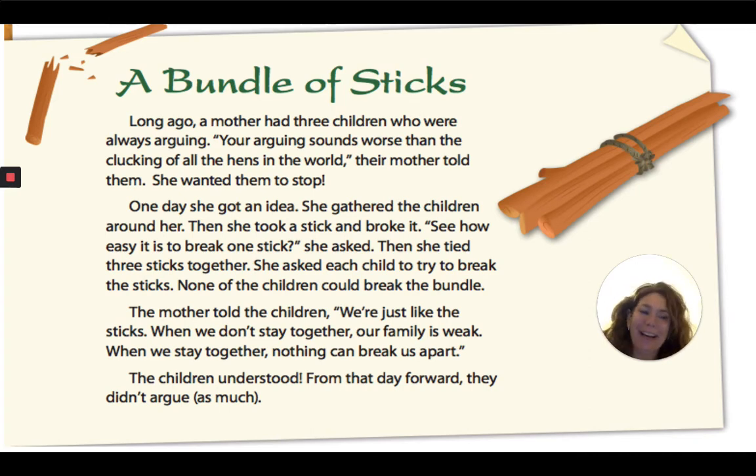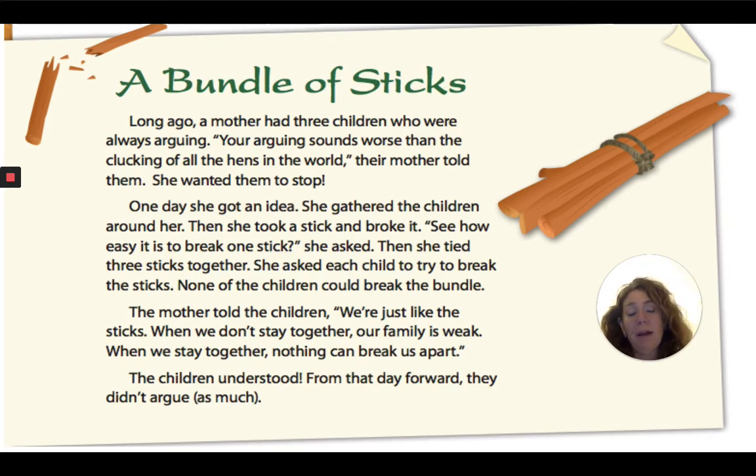Oh, okay. So this is what a bundle means. That's a bundle of sticks. It means it's more than one stick tied together. Huh. I wonder why that's part of the story or called the story. Well, I bet I'll find out while I'm reading. I'm going to think about that as I read, boys and girls. And you probably should too.